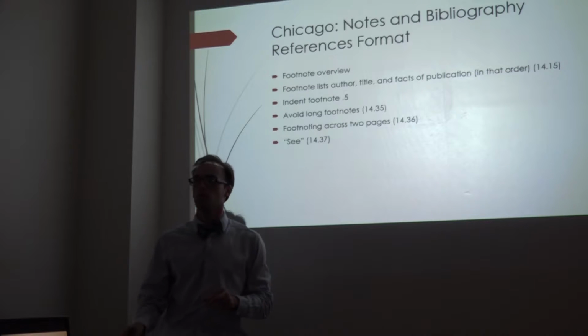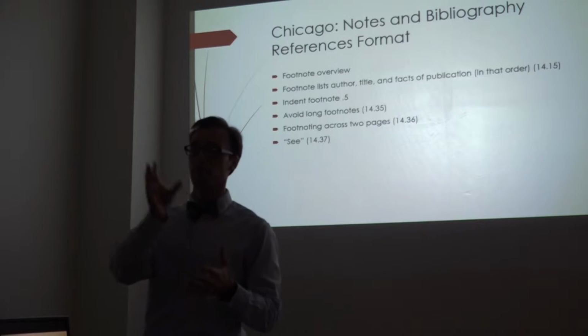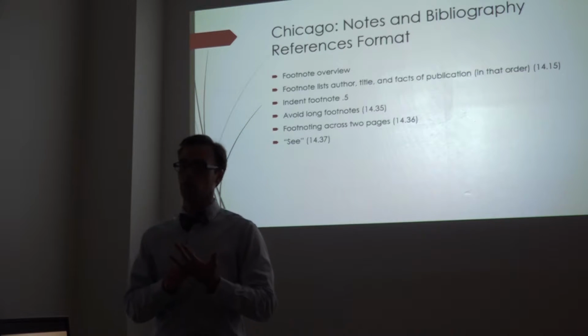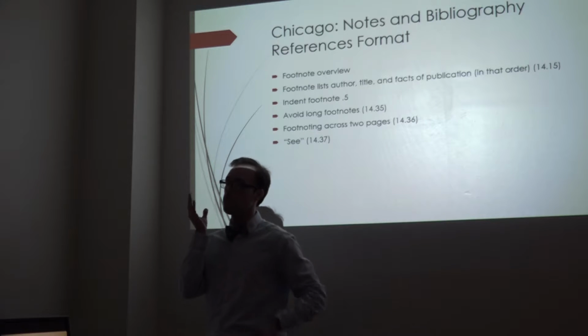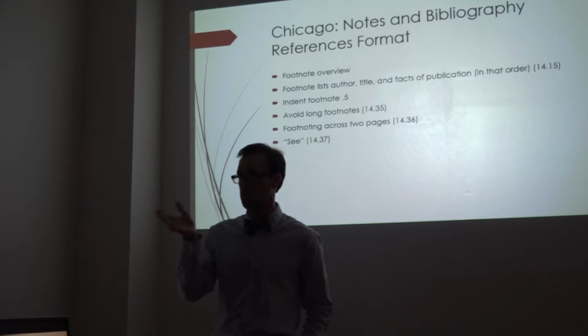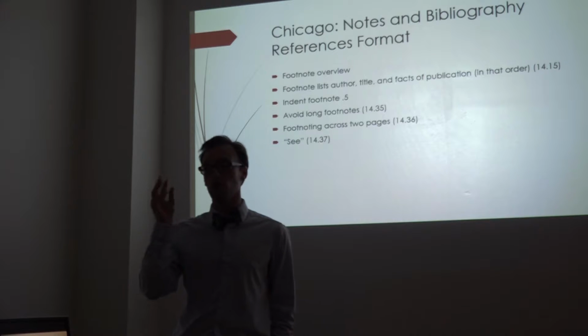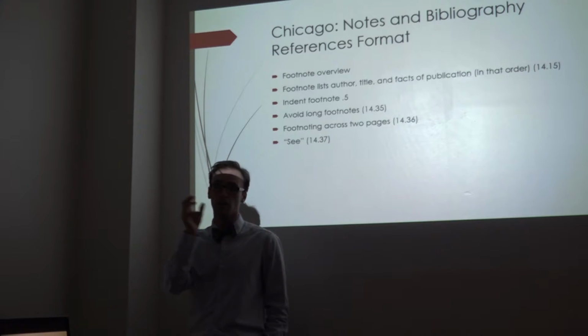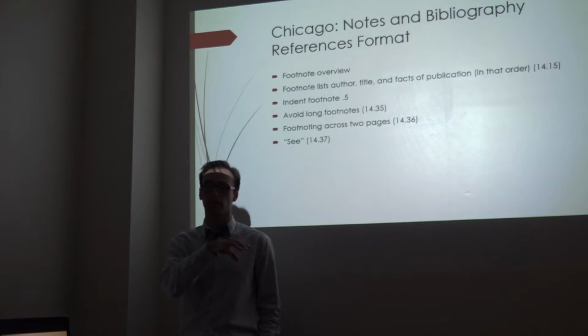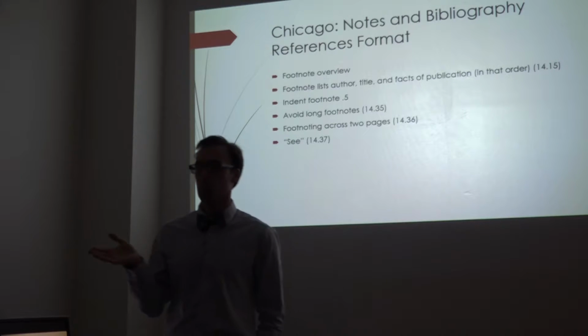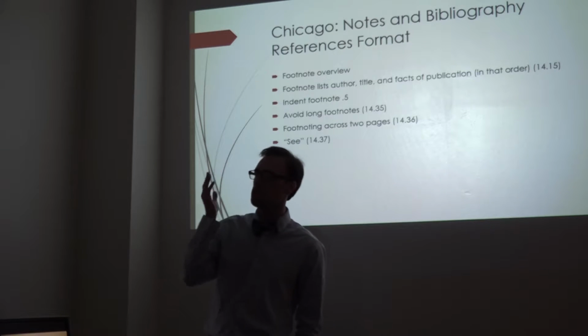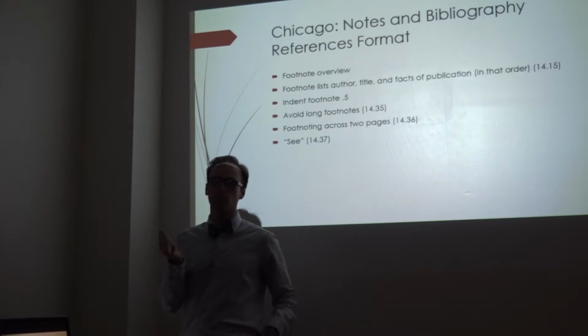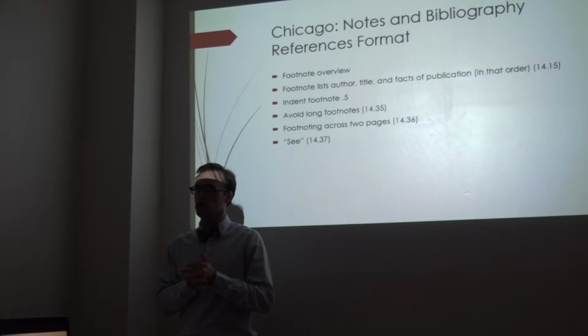So at least for the dissertation manual, if you cite something in your bibliography and you never refer to it in your text, I would have to find a very good reason to justify it.